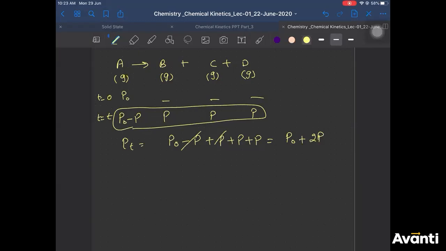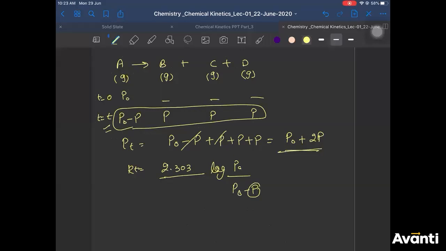Correct? Now your KT is 2.303 by... basically log of initial pressure P naught by final pressure at time T, which is P naught minus P. Now you have to substitute P in terms of P naught and PT.